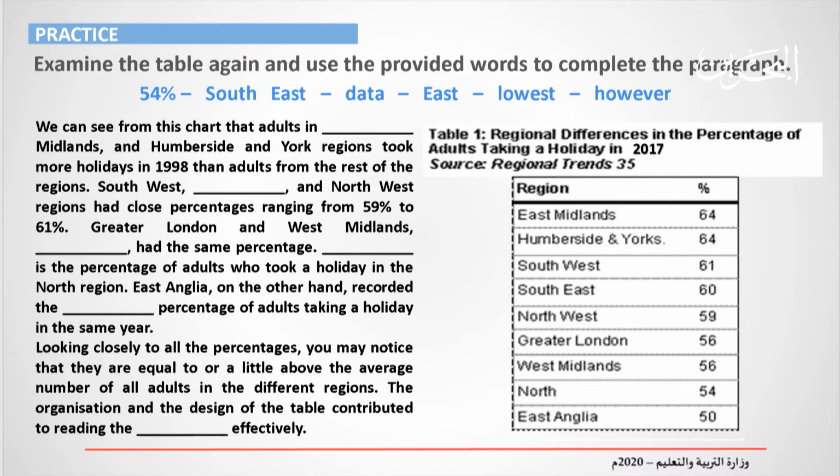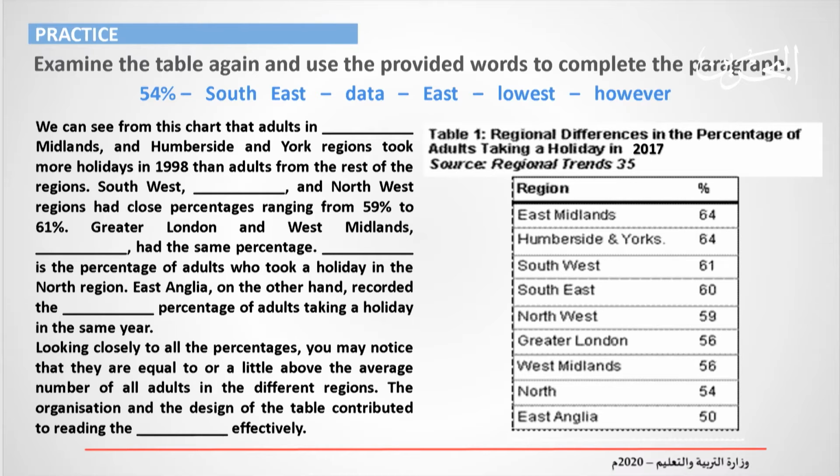Greater London and West Midlands had the same percentage. Is the percentage of adults who took a holiday in the North region. East Anglia, on the other hand, recorded the percentage of adults taking a holiday in the same year.